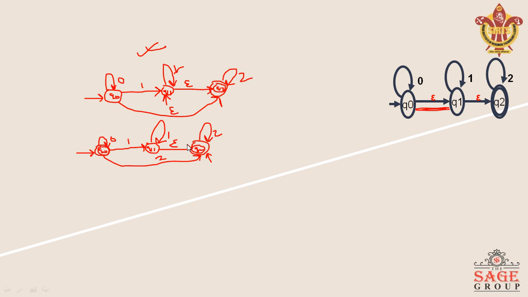Okay. Now we'll have to eliminate epsilon from Q1 to Q2. Again we are going to follow those 4 rules. So right now what we have is Q0. Here we have 0. So this is the way through which we can eliminate epsilon between 2 nodes or 2 vertices.